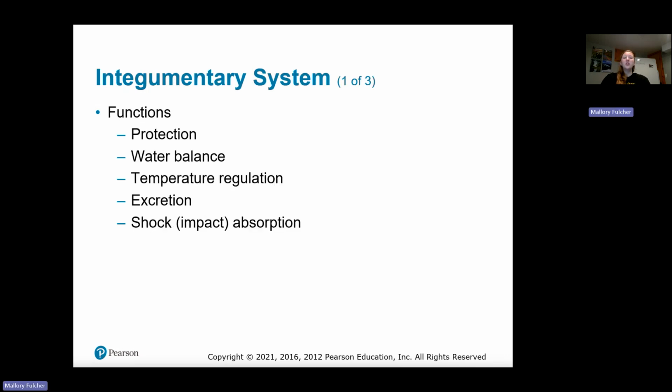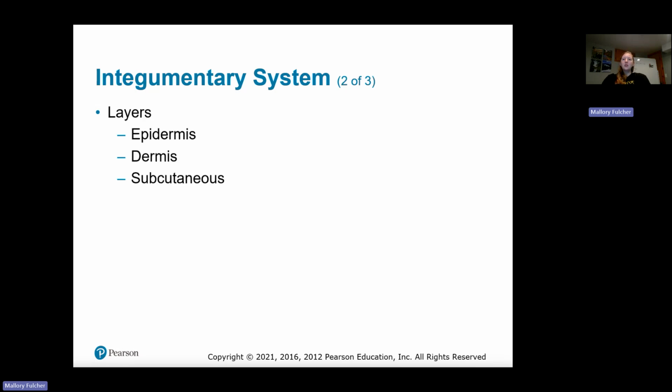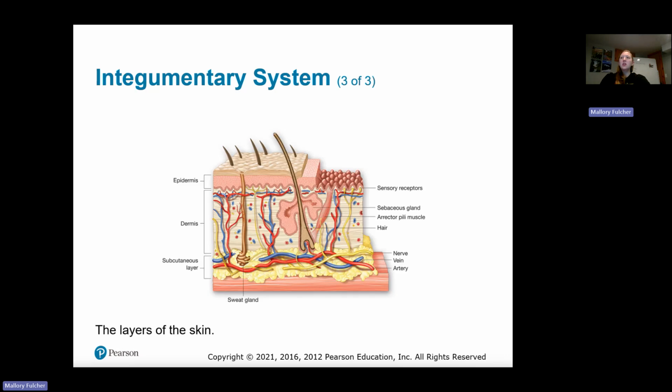Our integumentary system, its job is to protect the body, balance water, temperature regulation, excretion, and impact absorption. So the integumentary system consists of our skin. The layers of the skin are epidermis, dermis, and subcutaneous layers, and within each layer there are different structures. For this class, you don't need to know the different structures and where they lie.